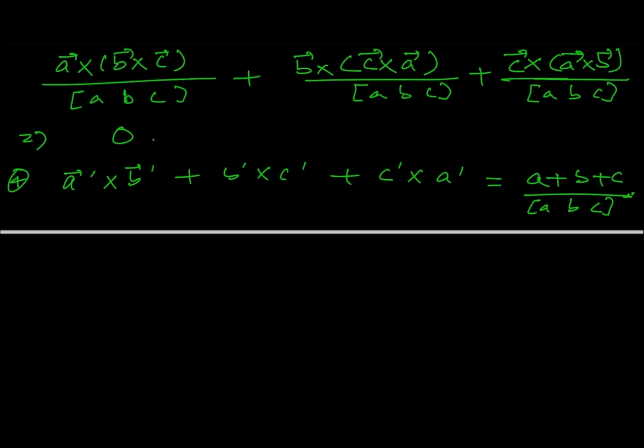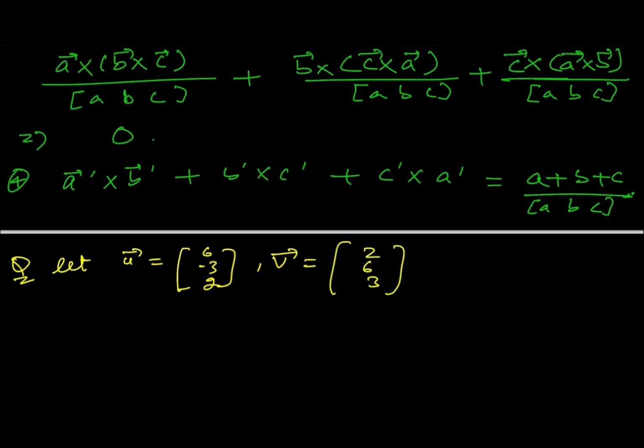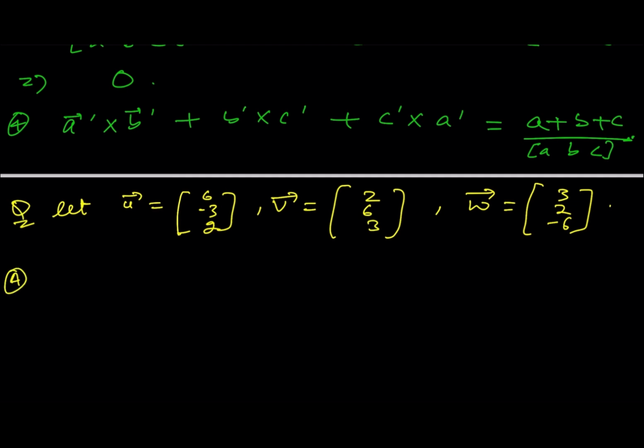Now the next question is: let u be (6, -3, 2), v be (2, 6, 3) and w be (3, 2, -6). These are three vectors given. Option A: form a right-handed system.